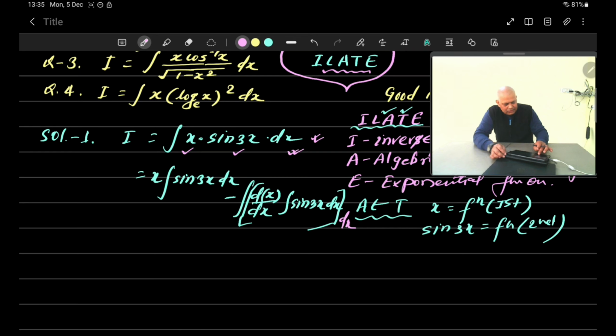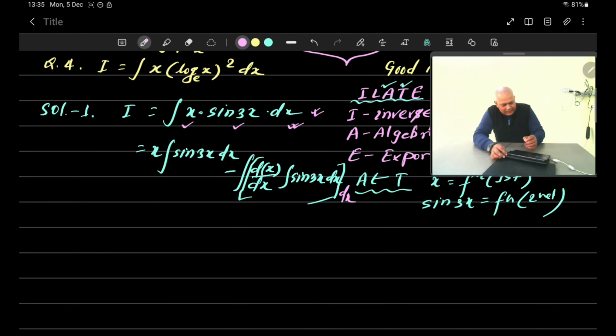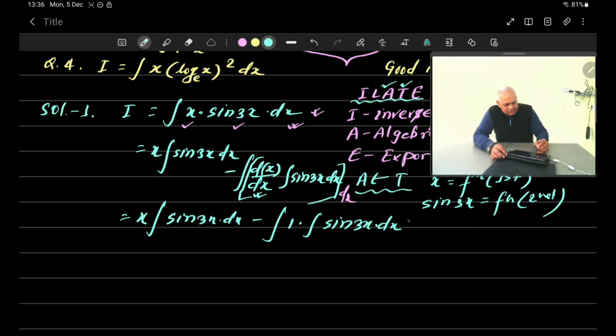So now I'm going to write these equations once again: x integration sine 3x times dx minus integration, the differentiation of x is nothing but 1, once again the integration of sine 3x times dx, and once again this times dx.